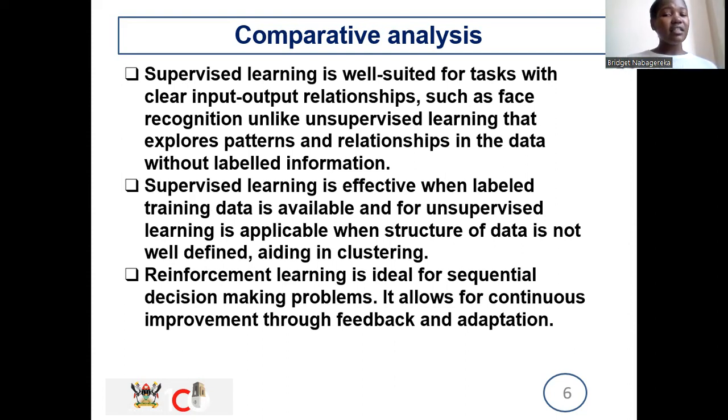Supervised learning is effective when labeled training data is available, while unsupervised learning is applicable when the structure of the data is not well defined, aiding clustering.